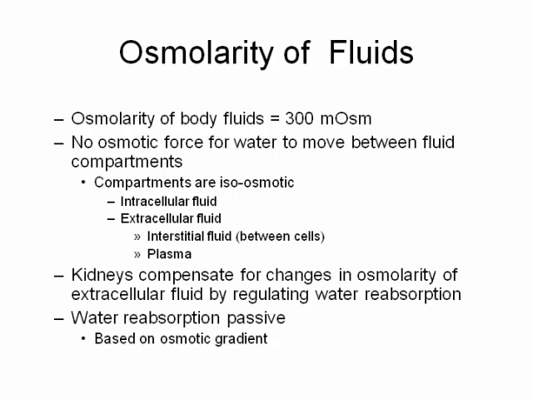Now with osmosis, we need to think about osmolarity of fluids, which is basically, if you will, the concentration of water in those fluids. So the osmolarity of body fluids normally is about 300 milliosmoles. And there is no osmotic force for water to move between fluid compartments because, at least in a normal healthy individual, those fluid compartments are isoosmotic.